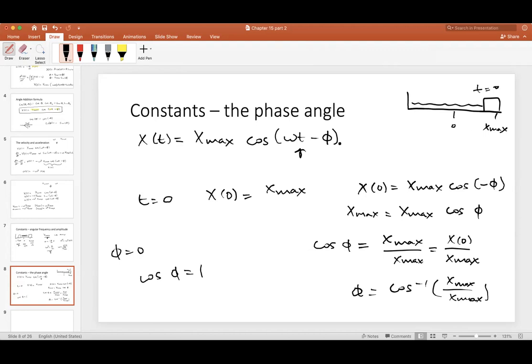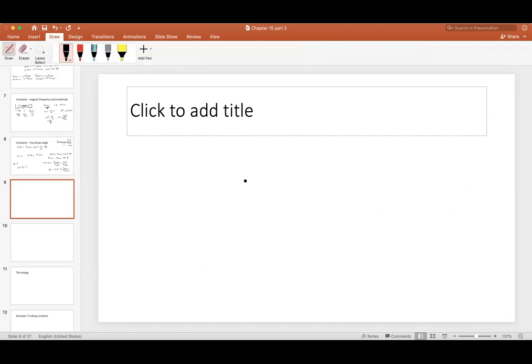What about when we're at 0? Now let's say we just start looking at the system, and at some time it's flying this way with some velocity. We don't know what x max is, but we know that x at time 0 is 0.